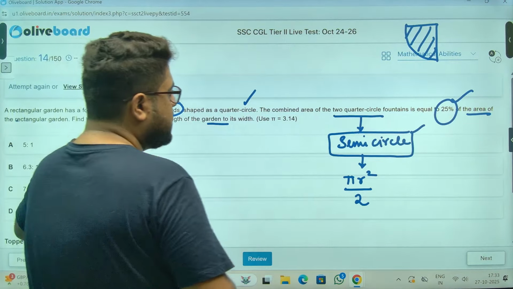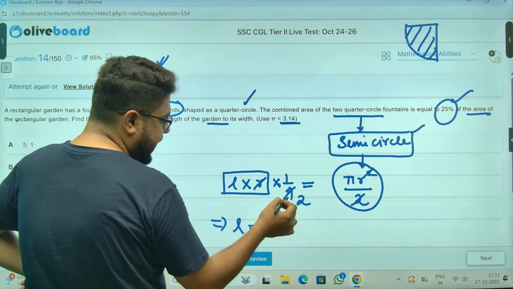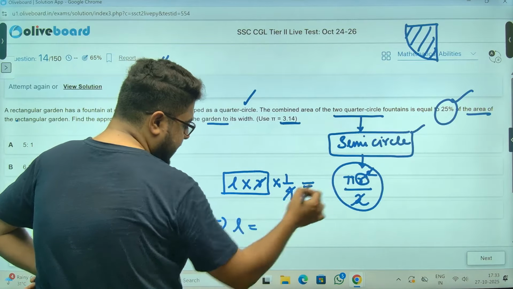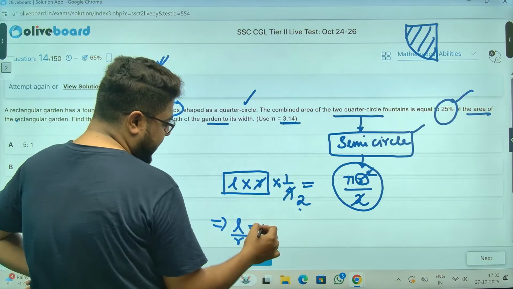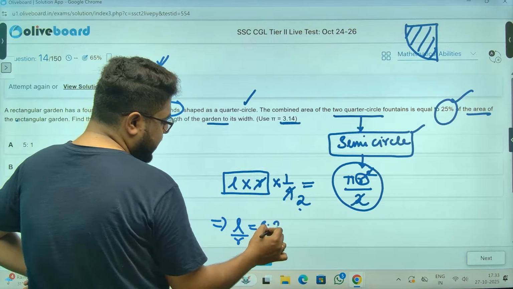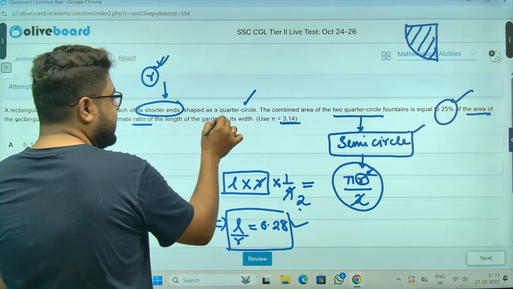2 cancels. r and r square cancel. I have to put the value of pi, which is given as 3.14. L equals L divided by this r. This will be 2 into pi, 3.14 into 2, meaning 6.28. So they are asking the value of L by R, so length by the width.